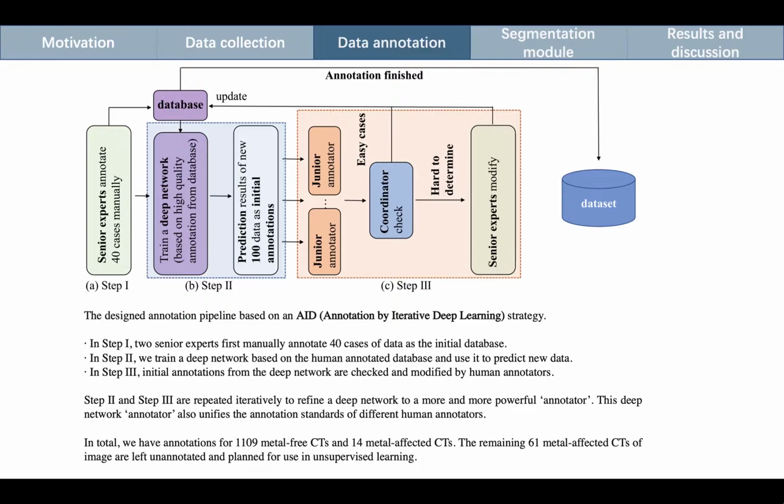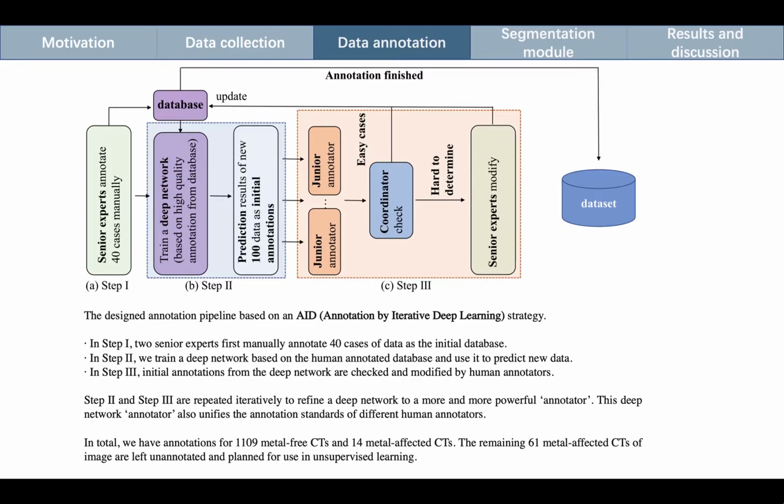Then the deep network is used to automatically annotate more data, followed by revision from human experts. The human-corrected annotations and their corresponding images are added to the training set to retrain a more powerful deep network. These steps are repeated iteratively until we finish our annotation task.